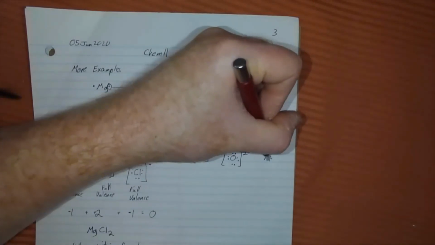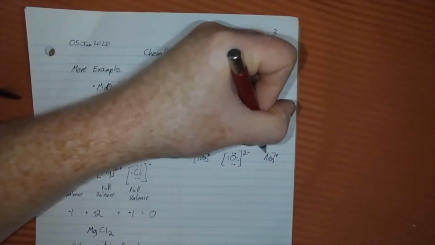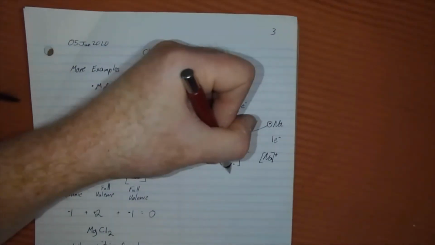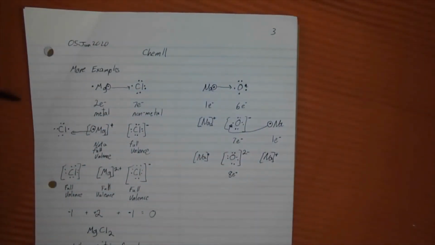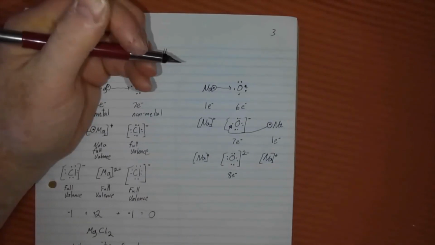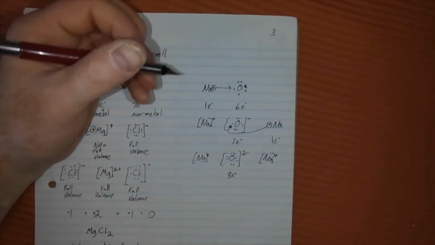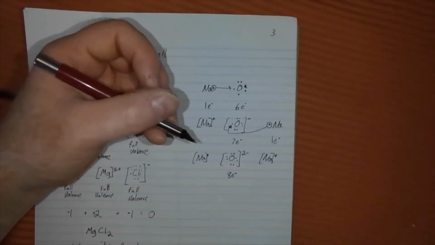Sodium plus. Now oxygen has 8 electrons in its octet. It's happy. Both sodiums have removed 1 electron. They're happy because they have the same electron configuration as their nearest noble gas.